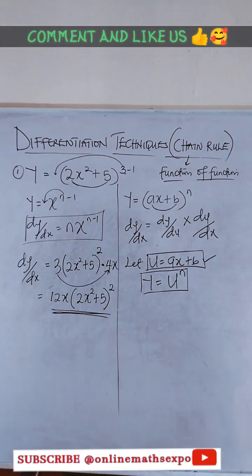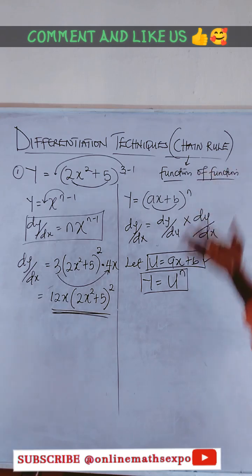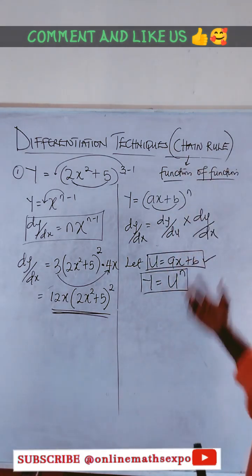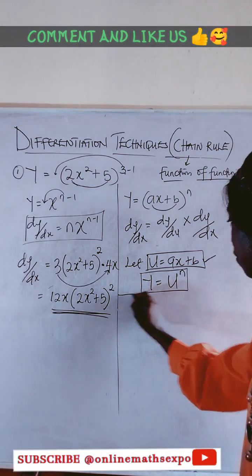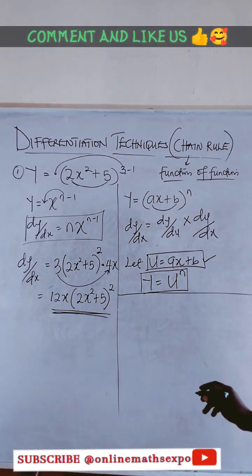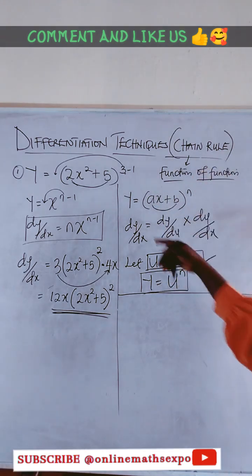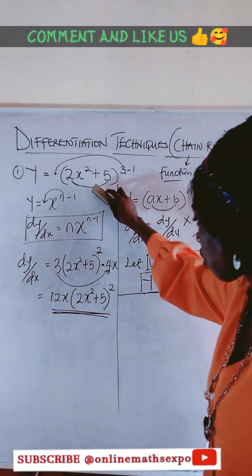Now let's look at how to also differentiate it using the chain rule, which is the main thing. So for our chain rule, what do we have? Our u is what we have inside. We are going to clean this off.